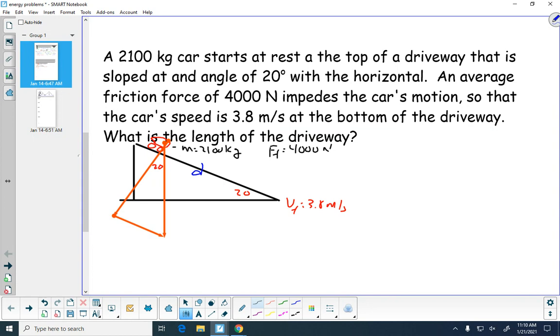And we want to find this displacement, how long the driveway is. Well, the car starts at rest at the top of the hill. What's our velocity at the top of the hill, Anna? 0. So we have an initial velocity of 0.